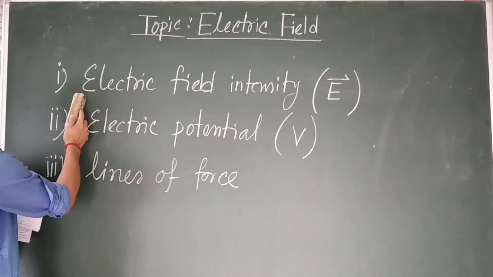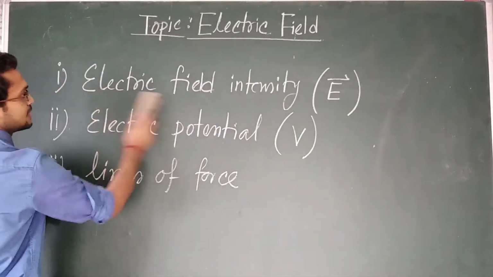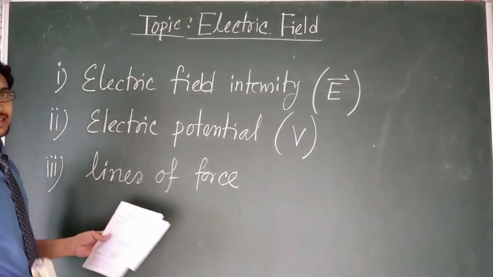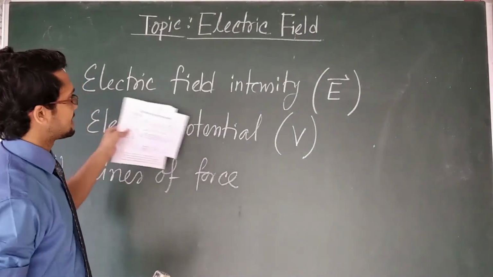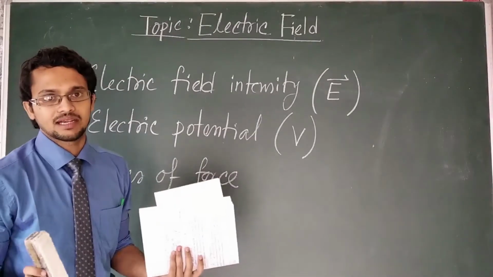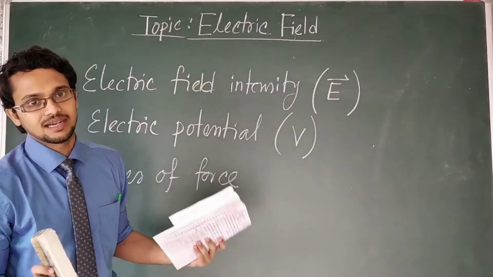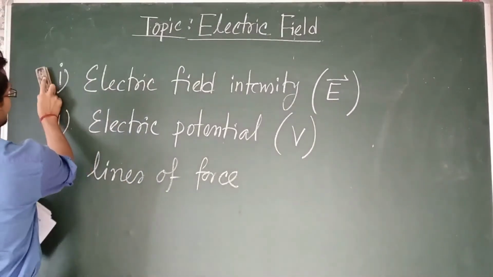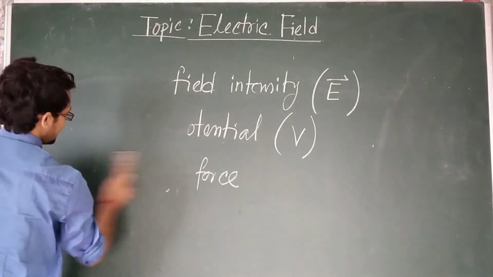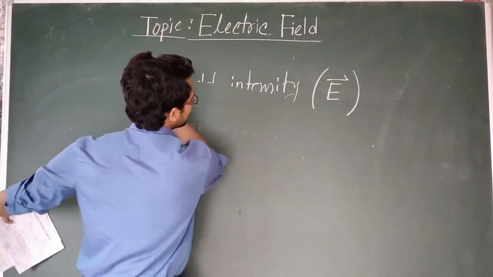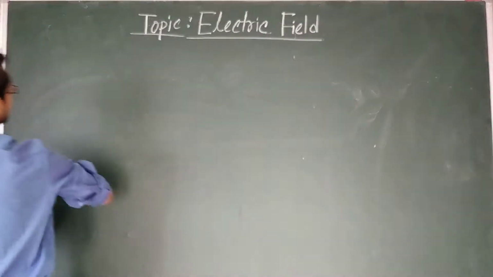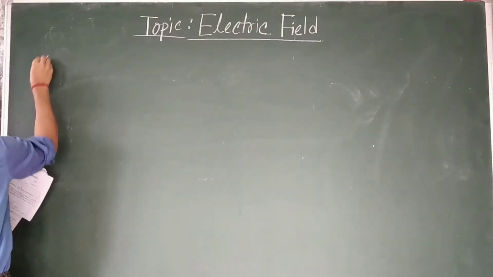So in this lecture we will discuss this one, electric field intensity. Electric field is a region and electric field intensity is the measurement of the electric field at any point. Now how will you define electric field intensity at any point?